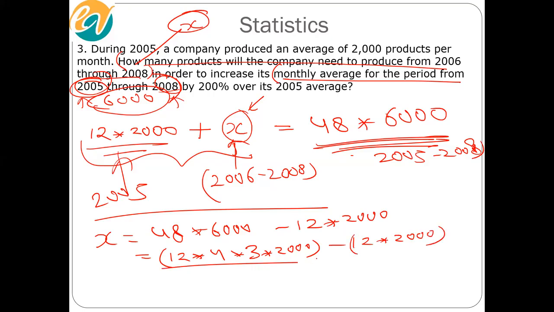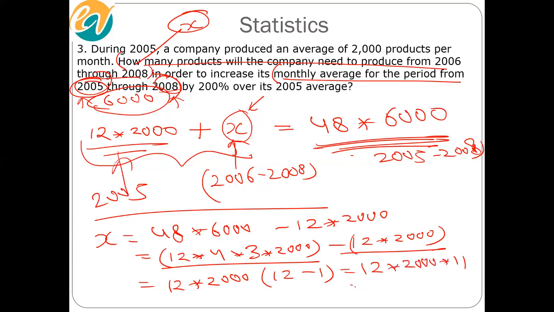Now from this term and this term, we can take 12 into 2,000 common. What are we left with? 4 into 3, which is 12, minus 1. So that would be 12 into 2000 into 11, which is 24 into 11, that is 264,000. Absolutely correct. So 264,000 is the answer.